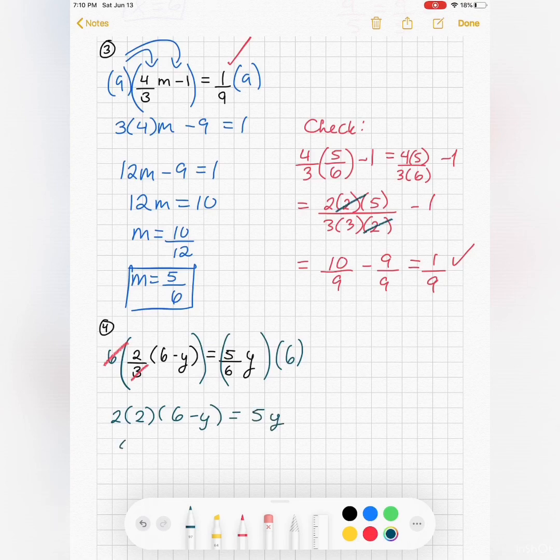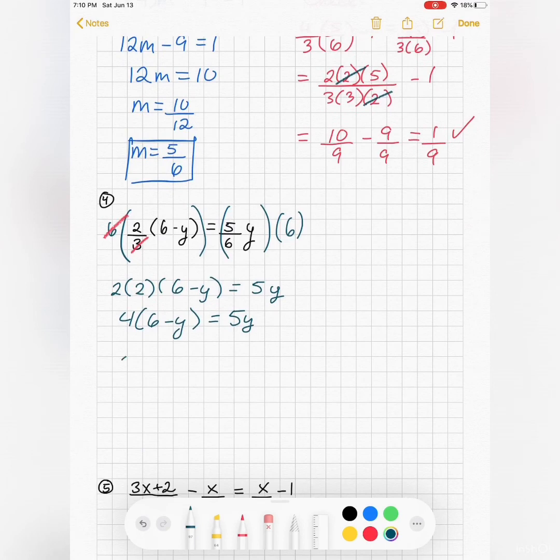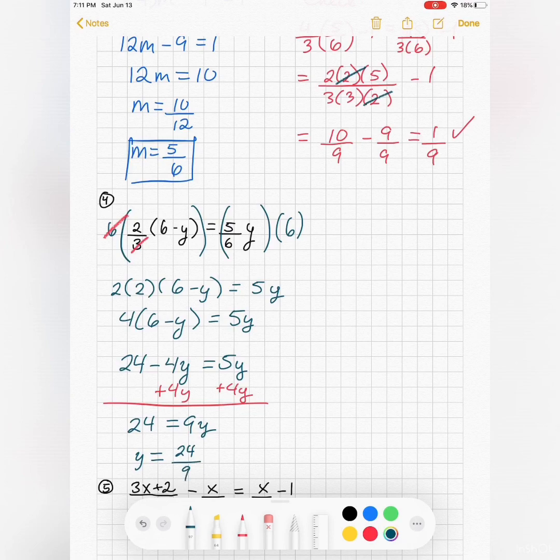So then I'll distribute my 4. So looks like y is 24/9, divide by 3, 8/3.